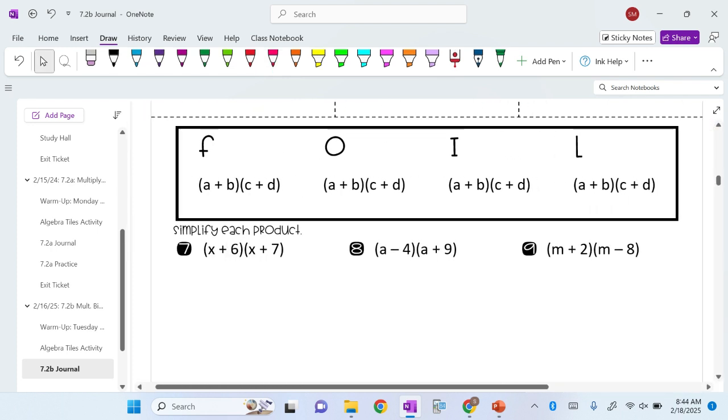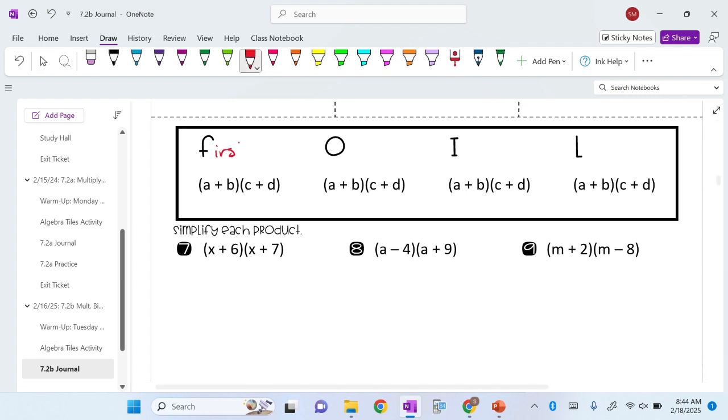So with FOIL, it's an acronym. FOIL stands for first, outer, inner, and last. And basically what that means is that if you're looking at the binomial, it's almost like distributing, but with specific terms.